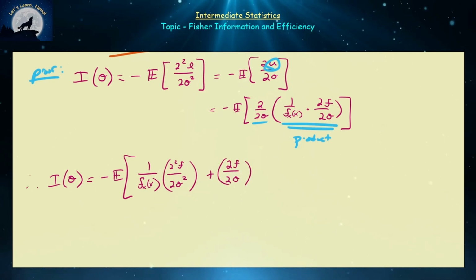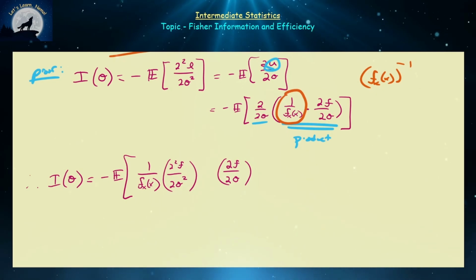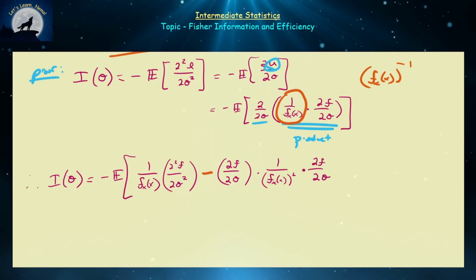So the first here is 1 over f of x, which is the same as f of x to the power of minus 1. The minus 1 is going to come down, change that plus to a minus, and then the power is going to become minus 2, and then it's going to go back on the bottom. So 1 over f of x, the quantity squared. And then by the chain rule, we need to do the derivative of the inside, so that's going to be partial f partial theta. All right?